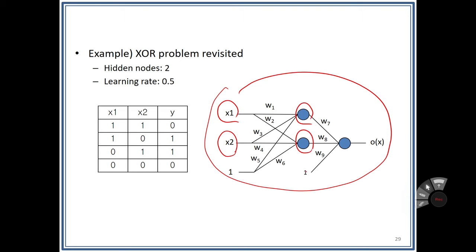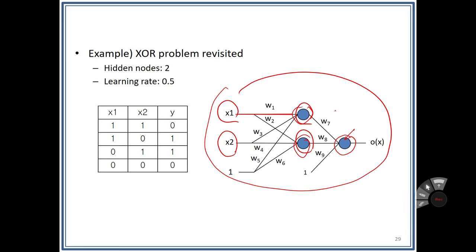In fact, you can make 3, 4, or 5 hidden nodes, that is okay. But in this case, we just use 2 hidden nodes and there is one output node, because here we have 2 classes. So this value can take either 0 or 1.